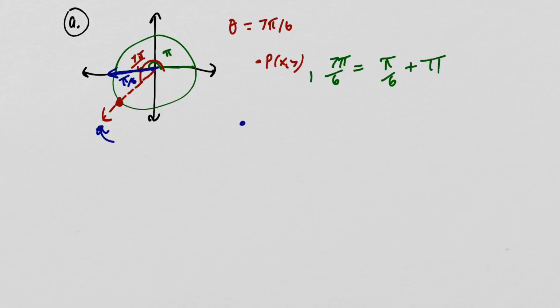By symmetry, we know the coordinates for the terminal point that is determined by the angle pi divided by 6 in the first quadrant. And this point here was given by square root of 3 divided by 2 and 1/2. Again, by symmetry, our red point over here is going to have the same values as our blue point in the first quadrant.